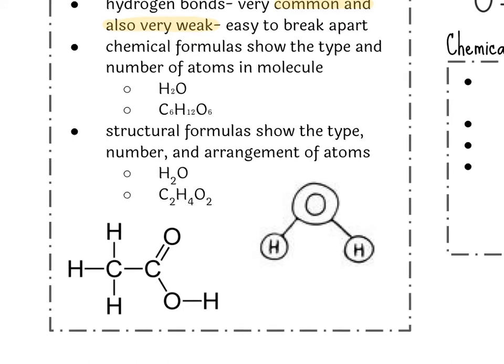Okay, and with chemical bonding, we can also talk about chemical formulas. Chemical formulas are special because they show the type and number of atoms in a molecule.